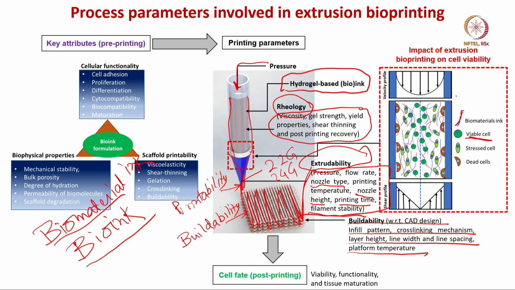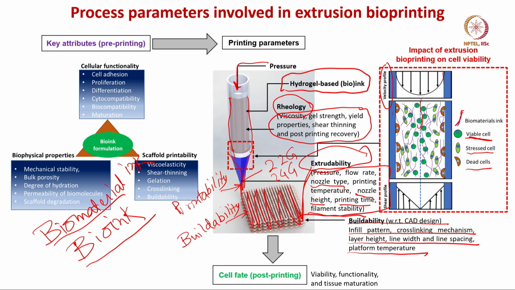So, these cells, when they are under stress, like the way it has been shown, this is the velocity profile. At the center the velocity would be more, at the edge the velocity will be less, and there will be a lot of friction between the nozzle wall and the hydrogel. So, the cell suddenly will experience stress.